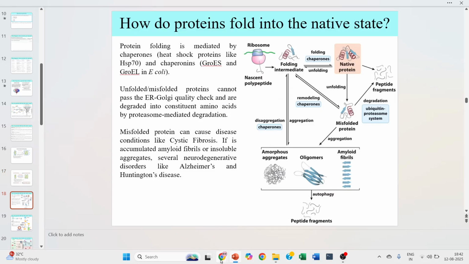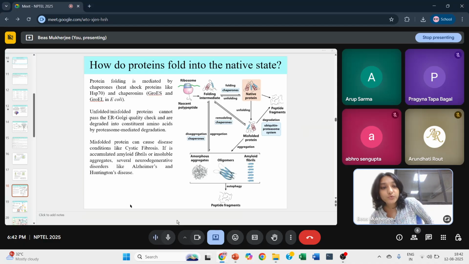Right. So here we'll look into this process of protein folding in more detail. Folding happens, you see, as a very vast and rapid process. Now the thing is that for the proteins to do it alone would not be a very practical job, right? So that is why a set of proteins have been employed for this purpose.